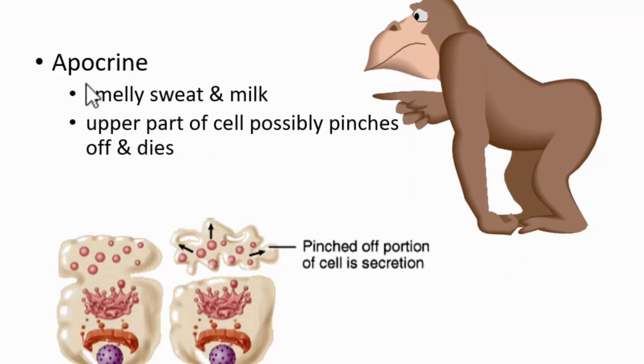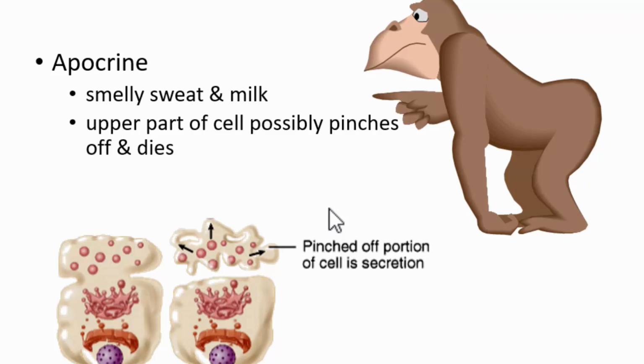But the other reason I call it apocrine is because the apex of the cell gets pinched off and becomes part of the secretion. That part of the cell dies off, and so you can imagine that's one of the reasons why it's going to be thicker. That's another reason why it's probably going to be kind of smelly.